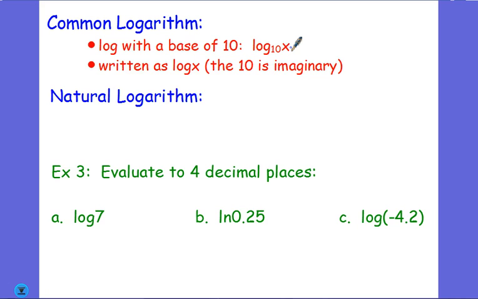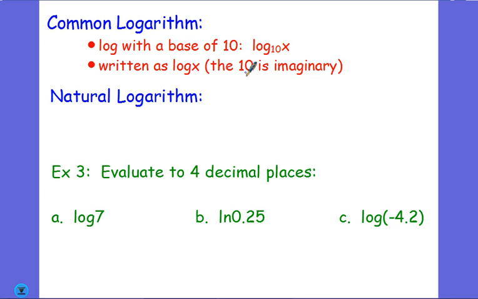Log base 10 of x. Now the thing is, when we actually see it on paper, you're not going to see it written log base 10 of x. You're simply going to see it written as log x. Okay, the 10 is automatically imaginary. So if you see this anywhere on your paper, you know there's automatically an imaginary 10 right there.